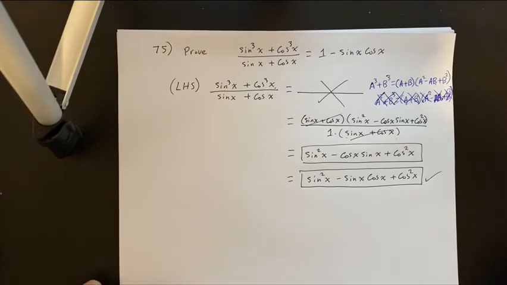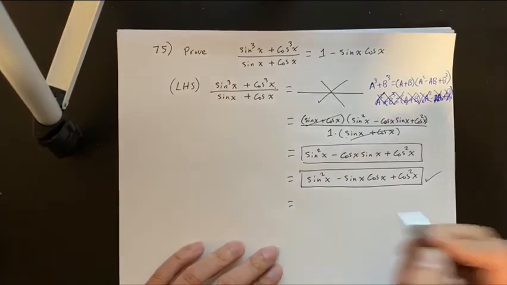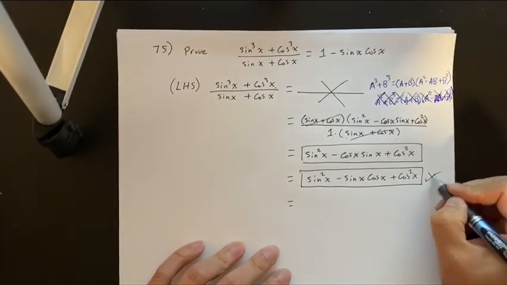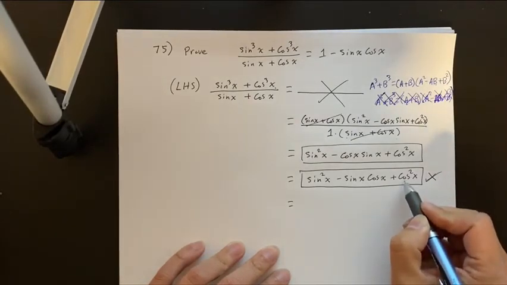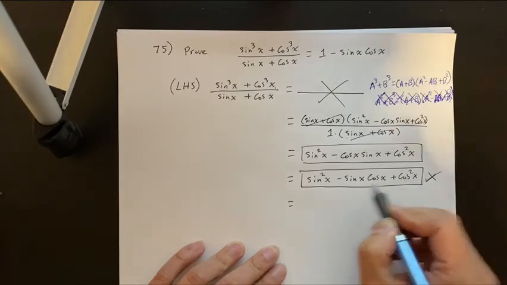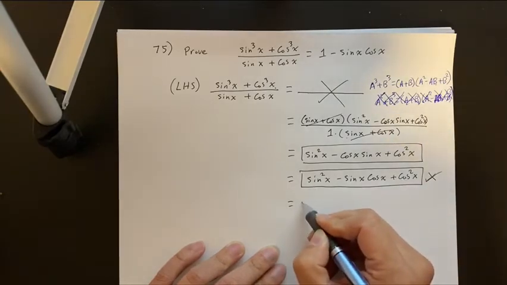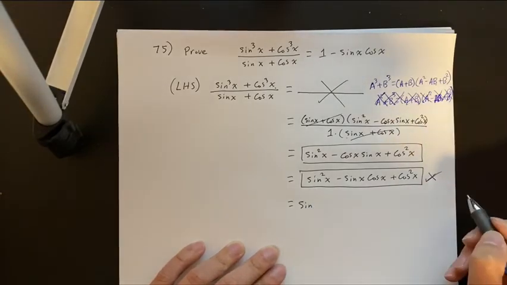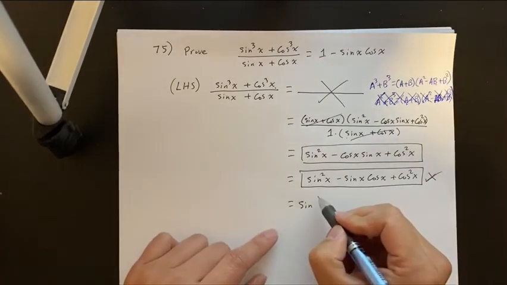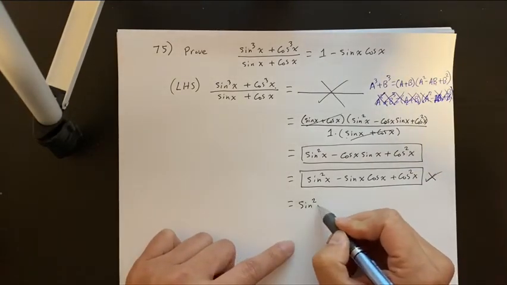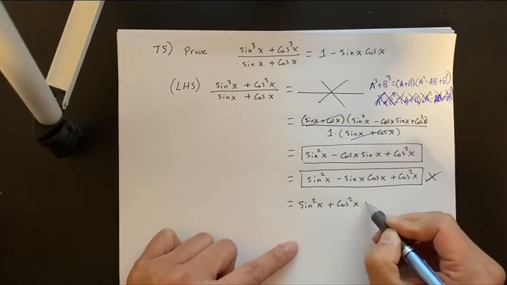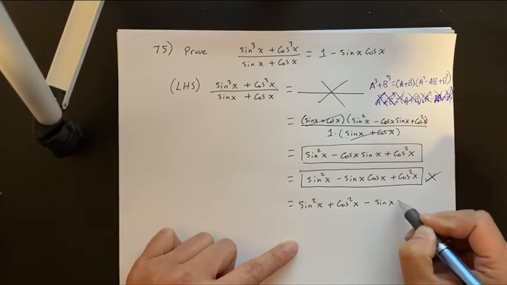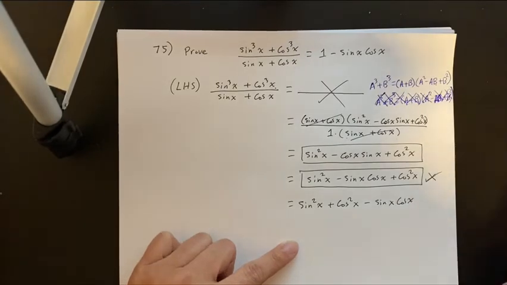And, well, we're not done yet, right? So we're not done. Sorry, guys. So here we're going to move this cosine square in front. I'm going to move it in front, and that's just an algebraic step. So this is going to be sine square x plus cosine square x minus sine x cosine x.